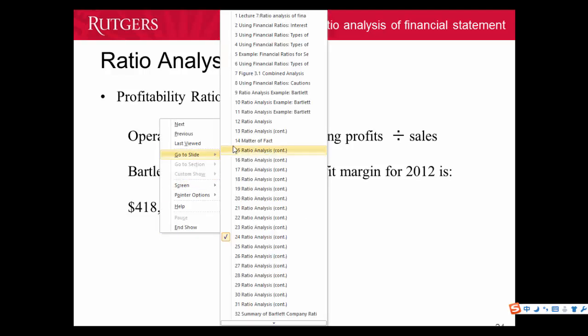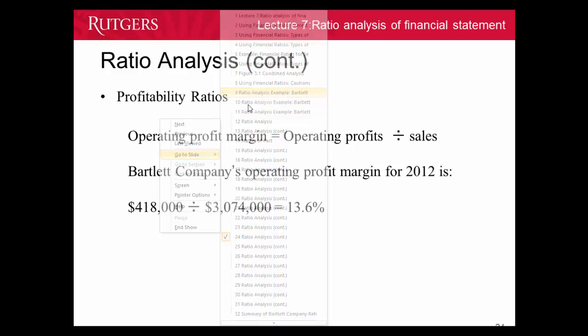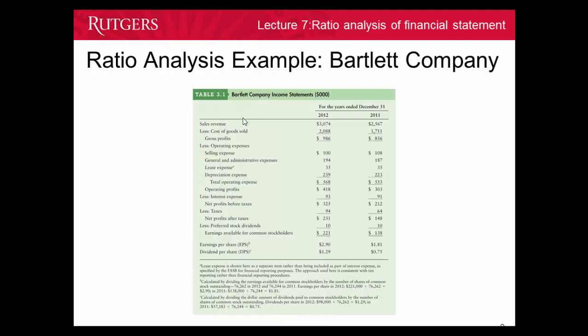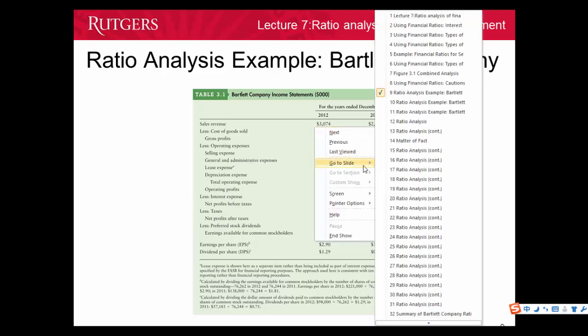Let's go back to the income statement. We can use the operating profit of 418,000 and divide this by the total sales, 3,074,000, and we obtained an operating margin of 13.6%.